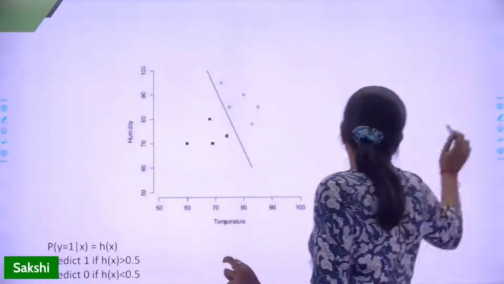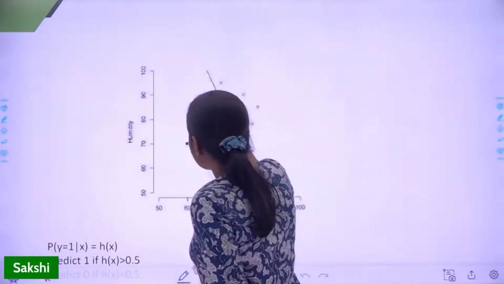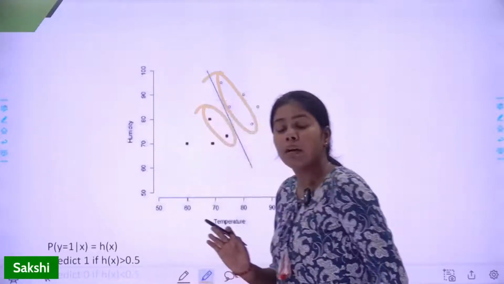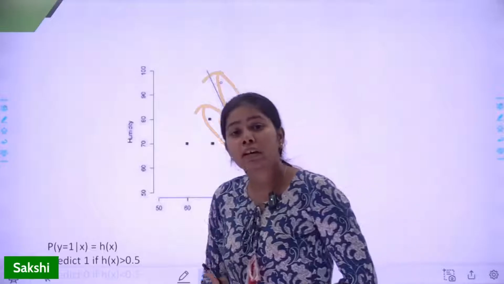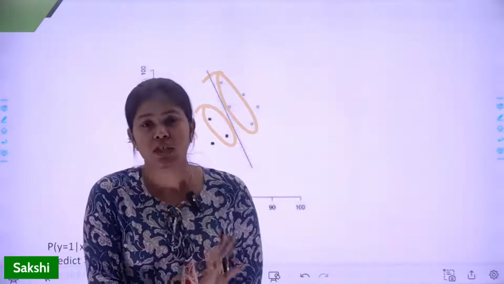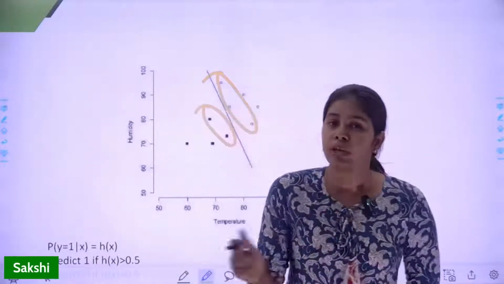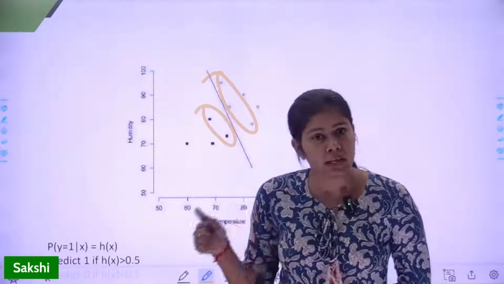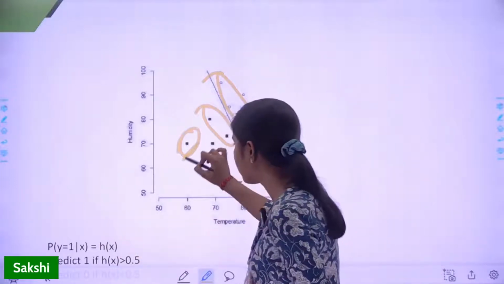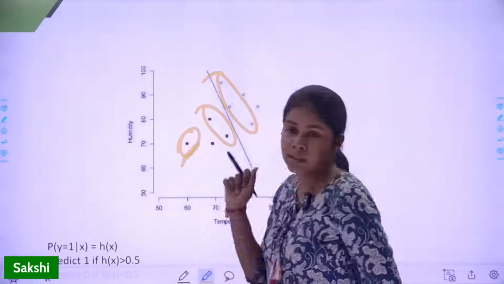But if you look here, we are not as confident for the points which are closer to the decision boundary. We are confident enough for those points which are away from the decision boundary, because if this point is lying here, I am confident enough that we are going to play chess, right?